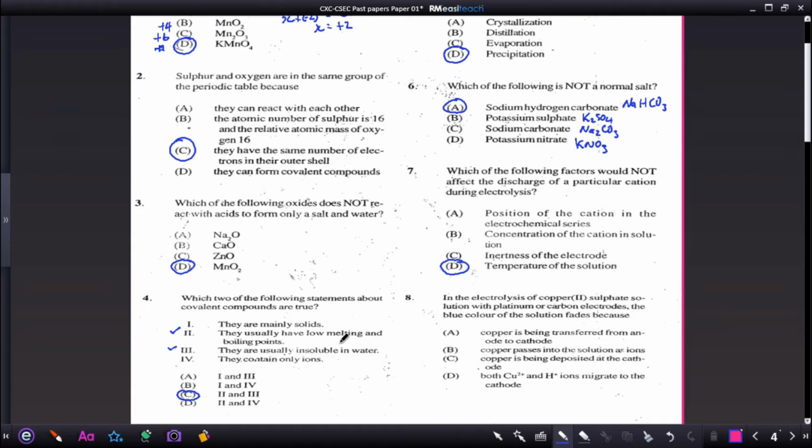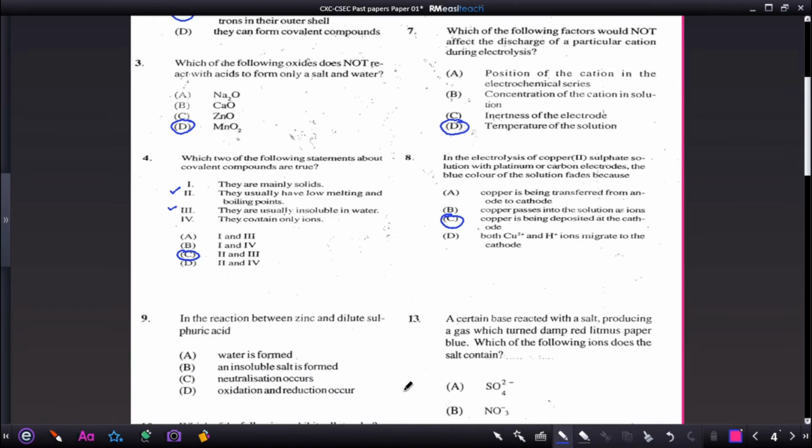Well, this is true. Both the Cu2+ and the H+ ions migrate towards the cathode. However, it is because the copper is being deposited, it is chemically changing from Cu2+ to copper metal, and so that's the reason why the solution will fade.